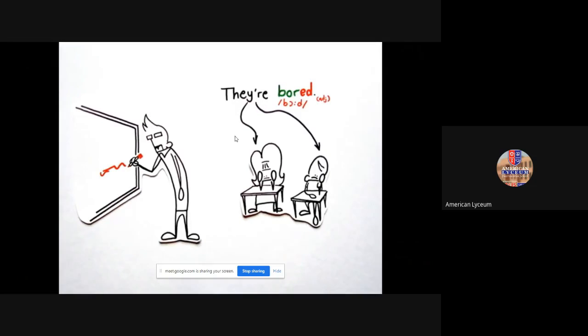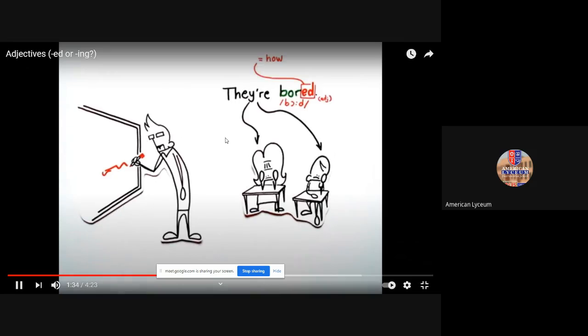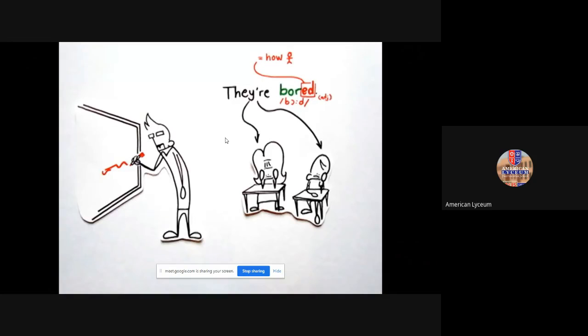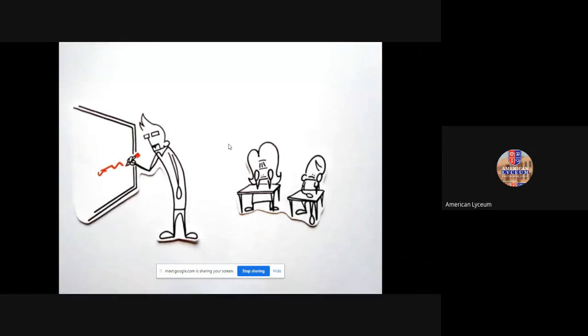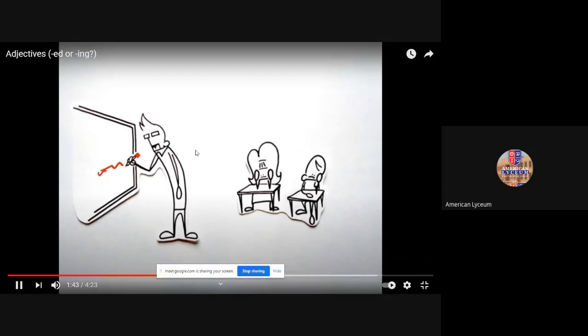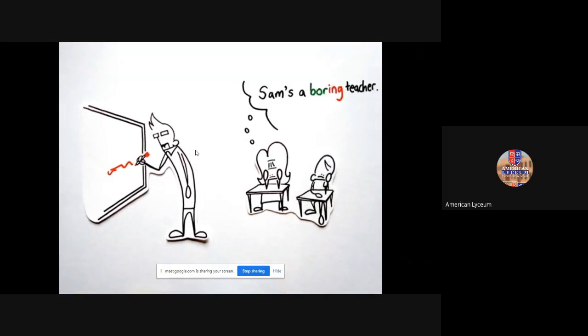They are bored. Okay, they all are bored. So, how they're feeling will be answered: they are bored. Okay, Sam's a boring teacher.